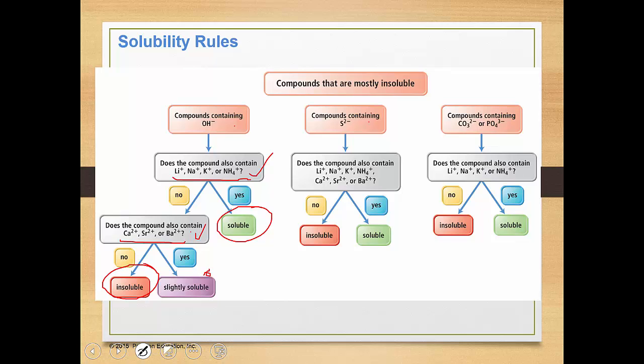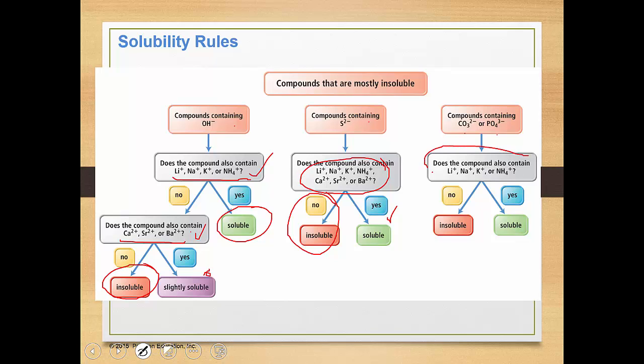Okay, the sulfide ion. Most of those, with the exceptions we already mentioned, if I have any of these ions I already talked about that tend to be soluble, those are soluble. If it's any other ion, then sulfides tend to be insoluble. And then compounds that contain the polyatomic ions carbonate or phosphate.